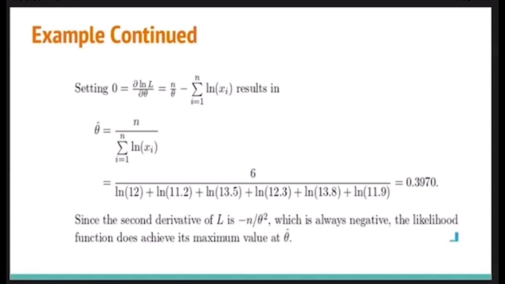Here, I'm assuming gamma, so I use a gamma density. I arrive at this, with n over this. In my data, I'm going to take the log of each data point, add them up, then the number of observations goes with that, which is going to be the likelihood. But if I bring this in the exam, of course, this will be part of my practice questions. This is where I'm going to stop today.